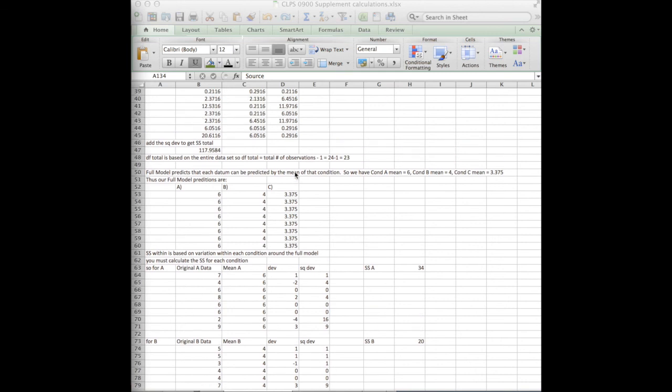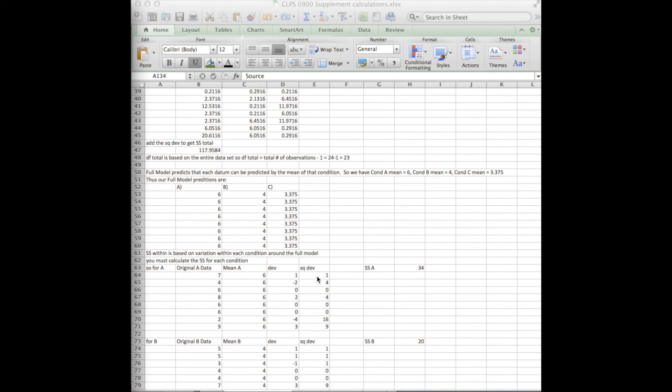So to illustrate that, recall that the mean of A was 6, and the original data that we were given up above in the problem was 7. So the deviation is 1, and then you square that deviation. Same thing, the original data point was 4. Again, the mean of A was 6. You have a deviation of -2. -2 squared is 4, etc., etc.